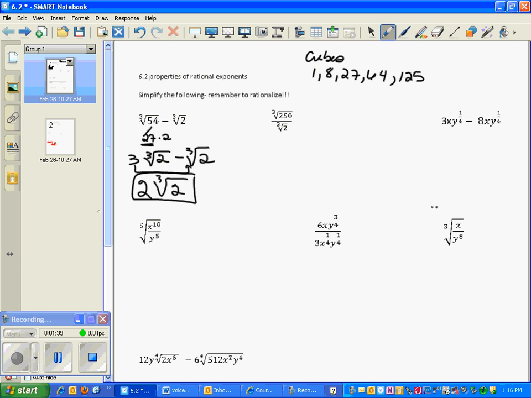Okay. If I gave you 3a minus 1a, what would you tell me the answer is? 2a. You look at your roots as if they were your variable. There's an understood 1 right here. Well, what is the cubic root of 27? There you go. Well, because isn't that 2 left underneath your cubic root?